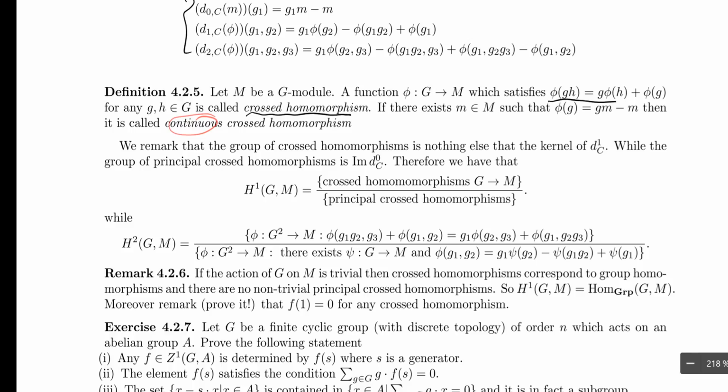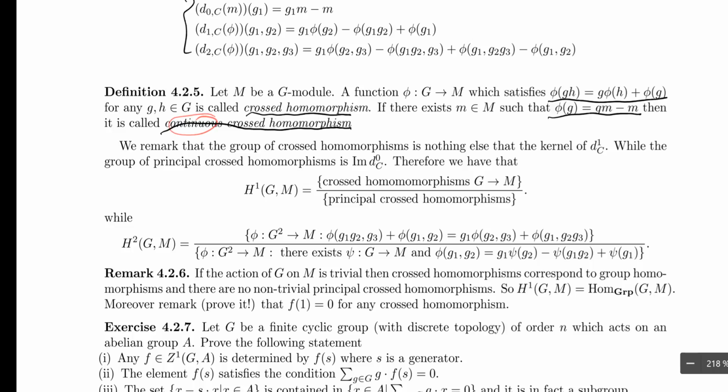Actually, we can define a function from G to M acting like this, a cross homomorphism. If there exists some m such that phi(g) is just gm minus m, then we call this a principal cross homomorphism.